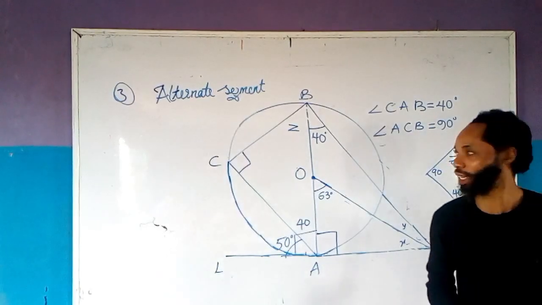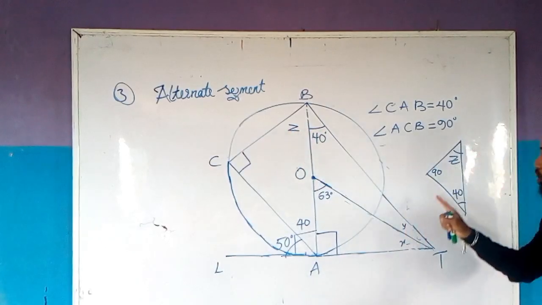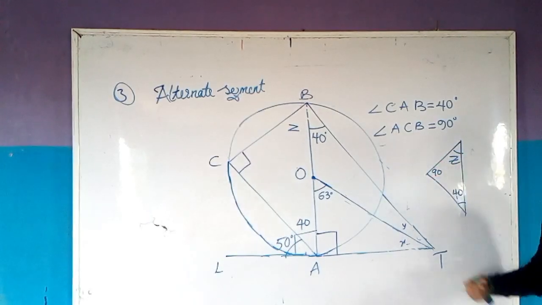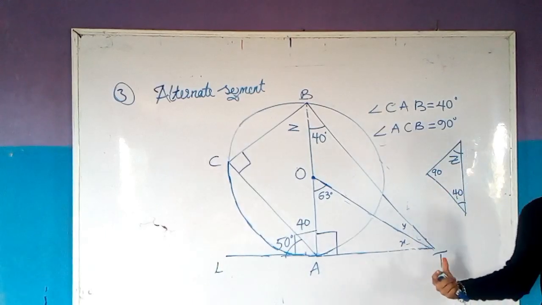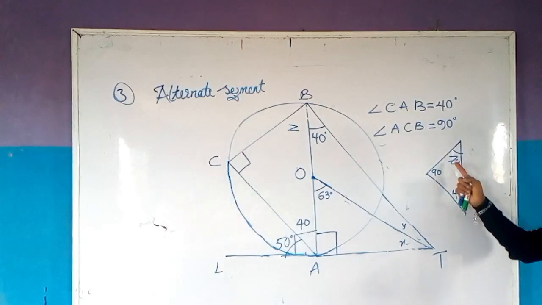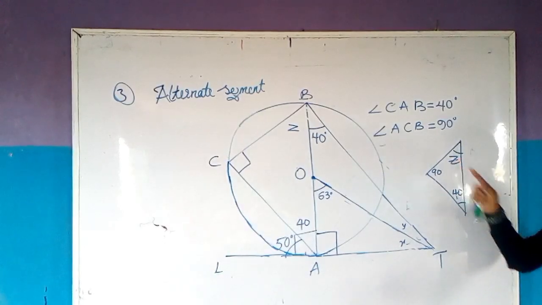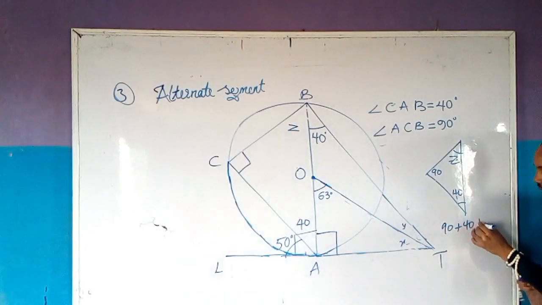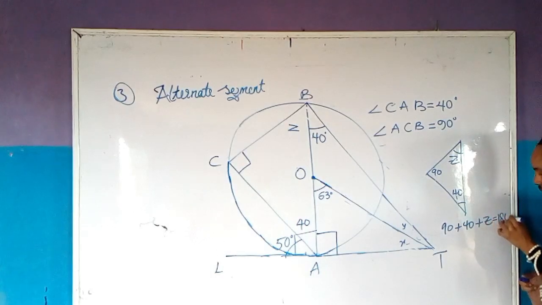How did we get our Z? Our Z is going to be the sum of angles in the triangle. So here is already 90, and this two should give us 90. Everything should give us 180, right? 90 plus this 90 is 180. So we go straight to subtracting 90 from Z. Or if you like, say 90 plus 40 plus Z equals 180.